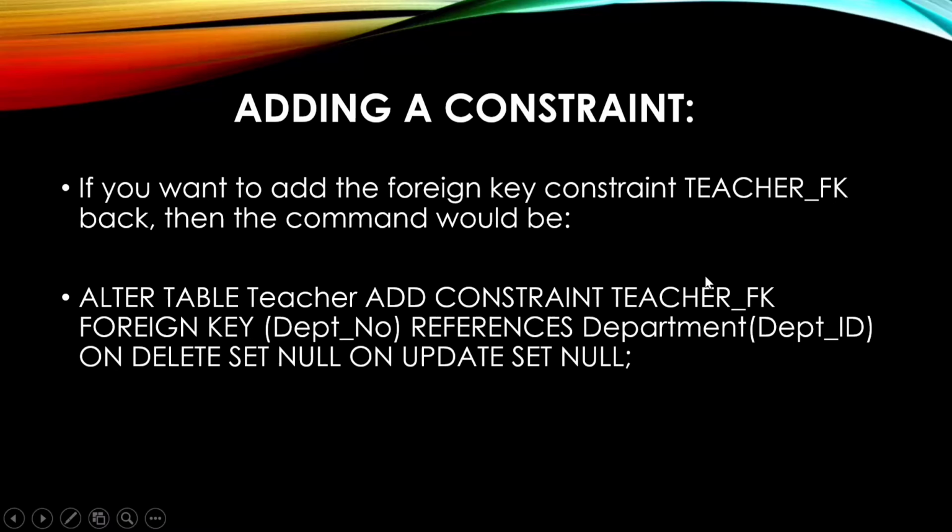Which one do you want to add? Teacher foreign key, and then write foreign key, department number is the column name, and then references, which table, department table, and then which column, department ID, on delete set null, on update set null. This is a way to add a constraint on the table.